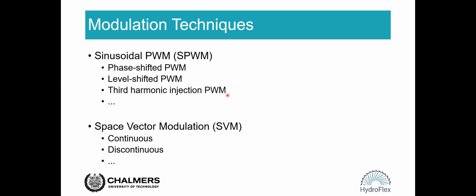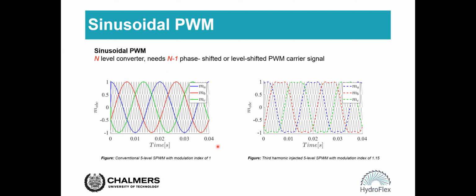And if we want to fully utilize the DC link voltage, we can have third harmonic injection PWM as well. And the space vector modulation can be divided into continuous and discontinuous modulation. For the sinusoidal PWM, if it's an N-level converter, that means we need at least N-1 phase shifted or level shifted PWM carrier signals.